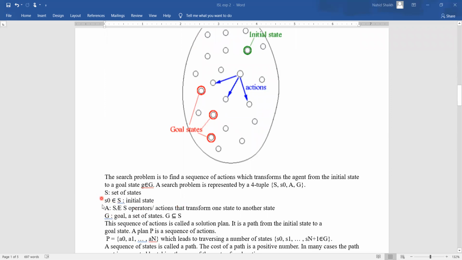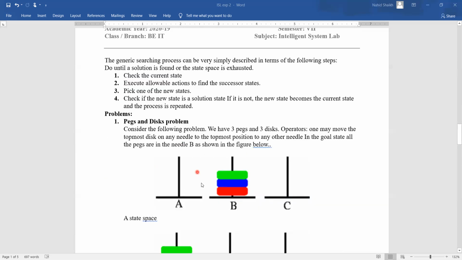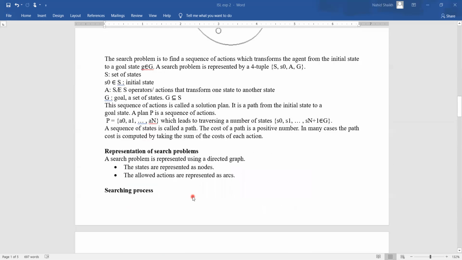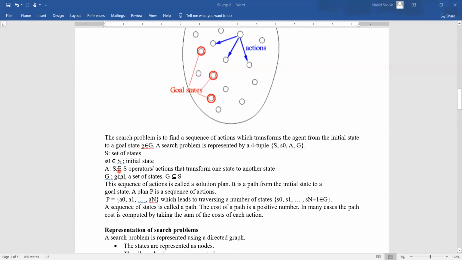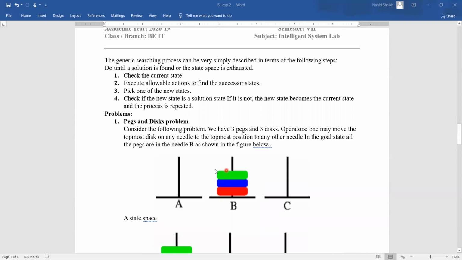So first, S0 is my initial state. So first I define the initial state. Consider this as my initial state. Now I need to define the set of all states. So what can be the set of states which I can define? One state can be all three disks present in the peg A, or all three disks present in the peg C, or each disk present in each peg.